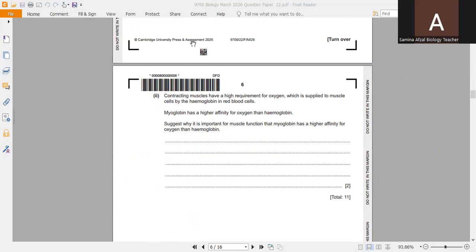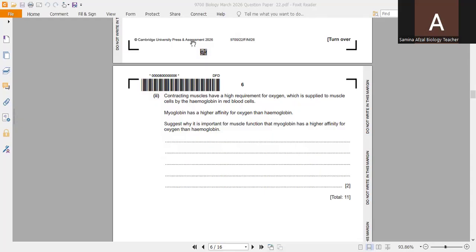Contracting muscles have a high requirement for oxygen, which is supplied to muscle cells by the hemoglobin in red blood cells. Myoglobin has a higher affinity for oxygen than hemoglobin, suggest why it is important for muscle functions that myoglobin has a higher affinity for oxygen than hemoglobin.